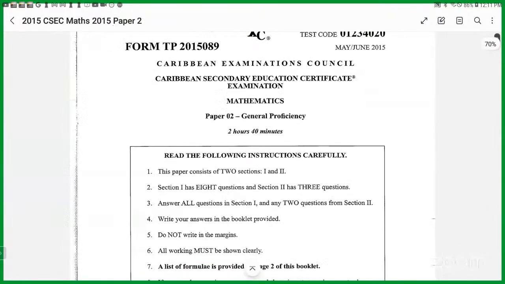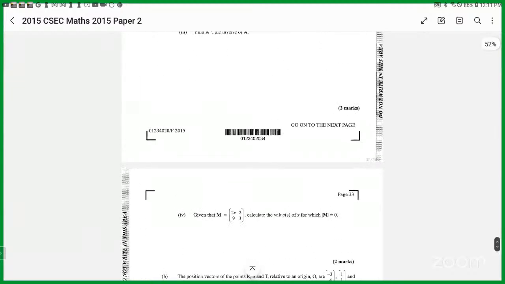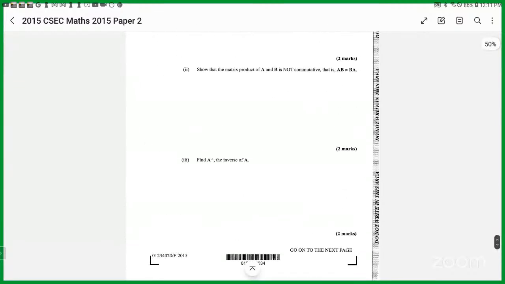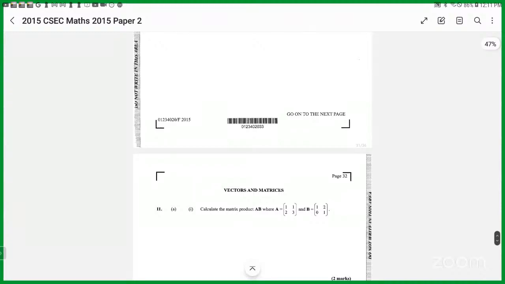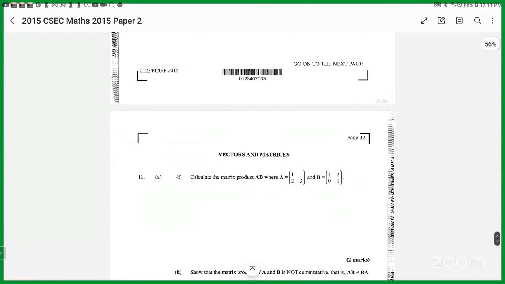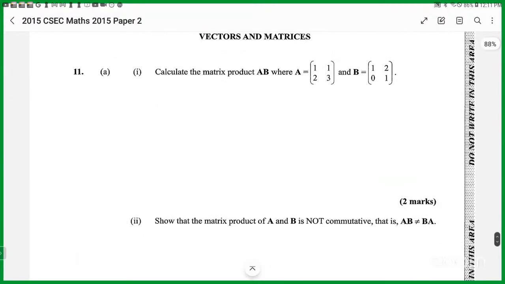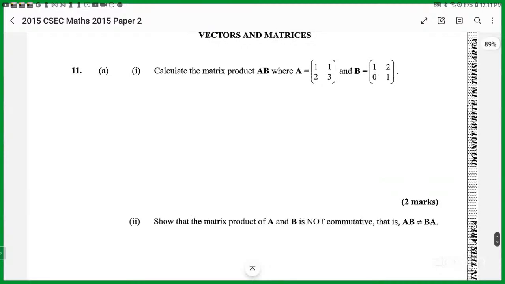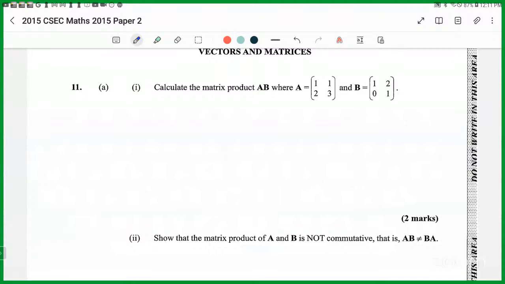All right, let's go. In 2015, they're basically asking the same thing in all these questions, so you shouldn't have a problem. I guess the only thing is the conformable question. You can maybe just do one of them for the purpose of the session, and those tend to come in the more recent exams, about matrix multiplication being possible when it is conformable and so on.